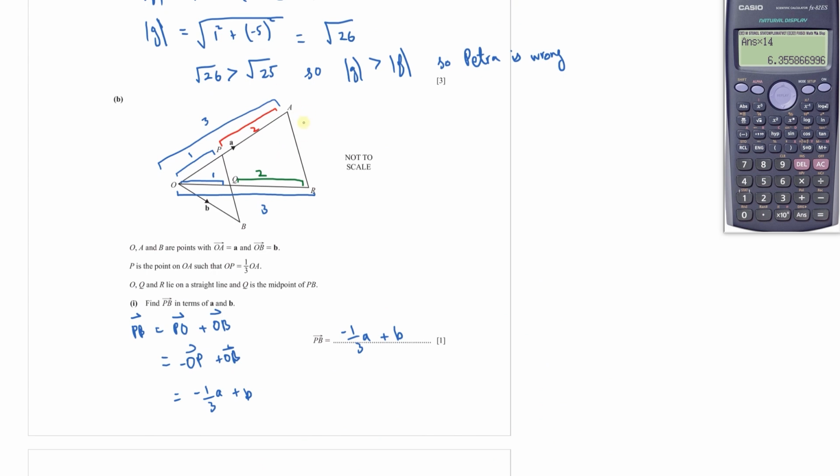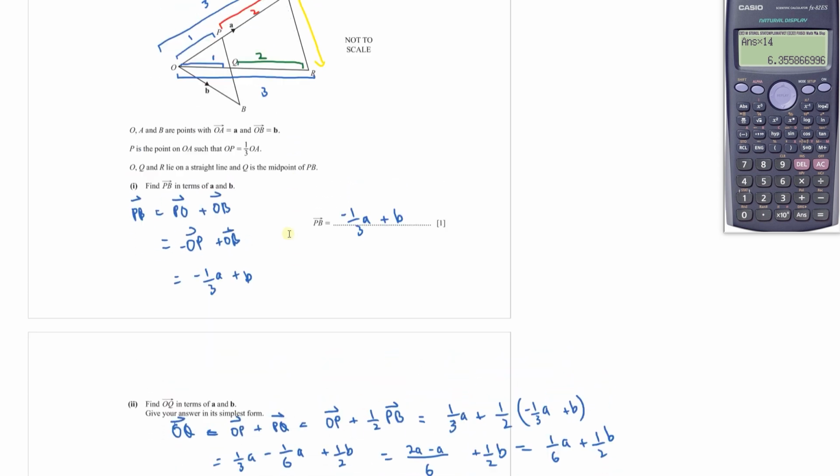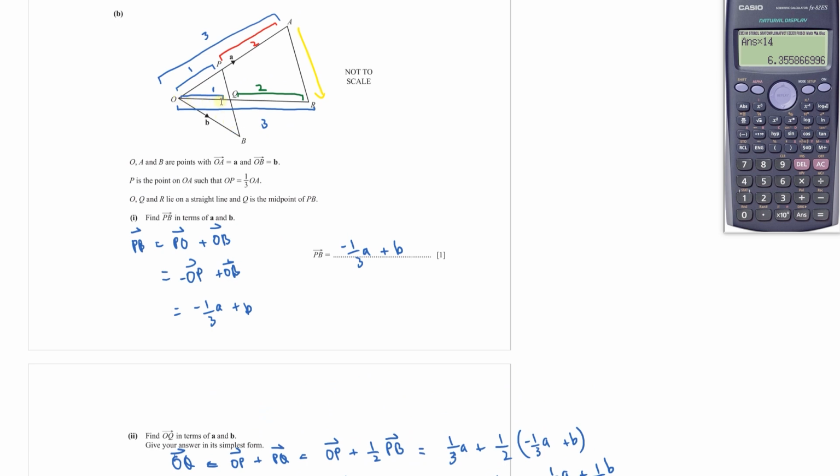Let me mark this in yellow. Using the head to tail rule, I can write AR as this vector AO plus this vector OR. To find OR, we know the value of OQ. This is OQ.